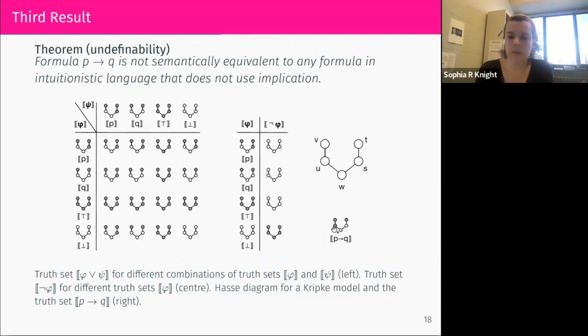This state's the only interesting one, this little left-hand corner state. All the worlds above it that make P true also make Q true. So these are the set of states where if P then Q is true. This does not show up anywhere in our truth set diagram. So that tells us that if P then Q is undefinable through the other operators.